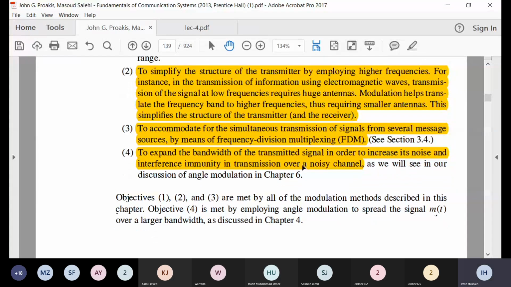Something is also to have noise immunity. If you expand the bandwidth of the channel, which we will be seeing in chapter 6, then your system becomes more immune to noise and interference. Immune means it will not be affected by the noise if its bandwidth is expanded.